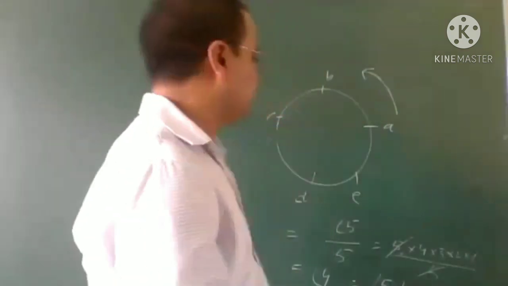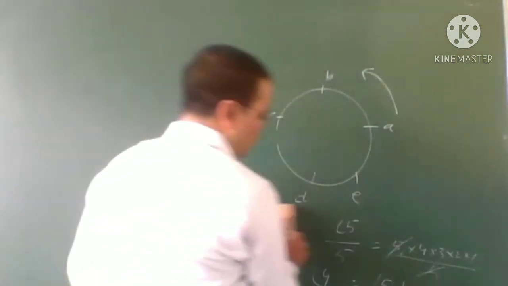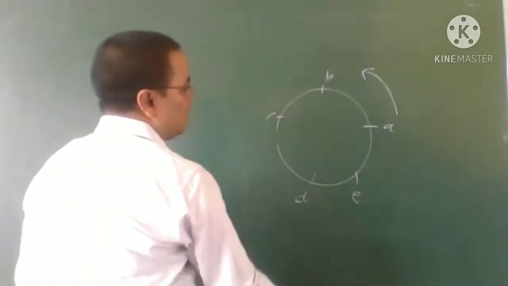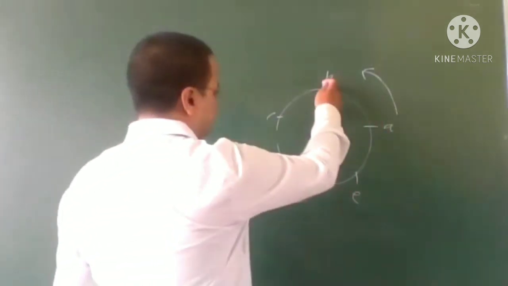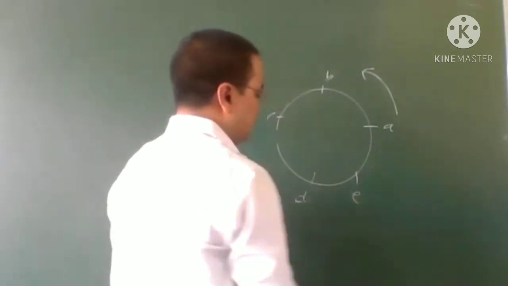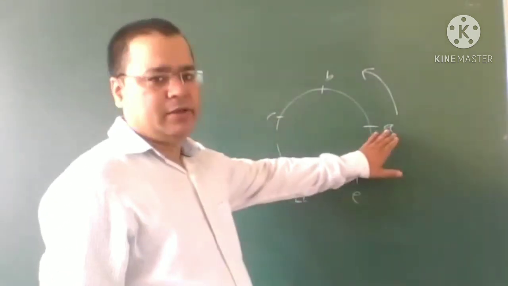Let us see. Just like you mentioned here, we can arrange the first one A, B, C, D. Who is the neighbor of A?